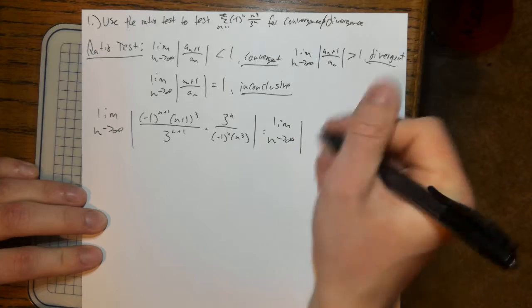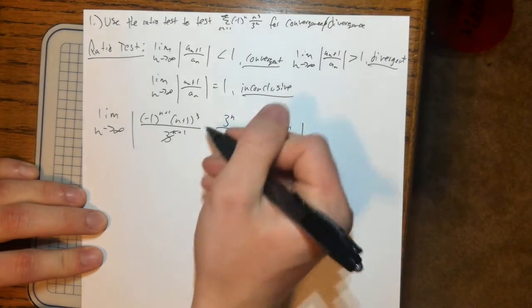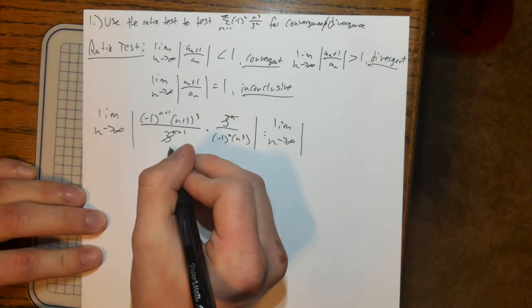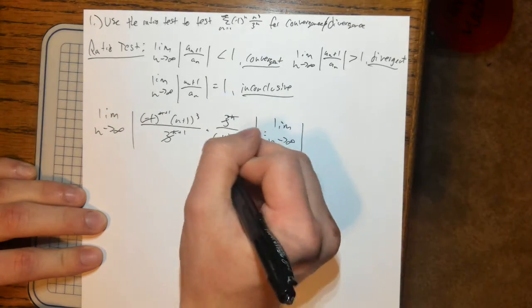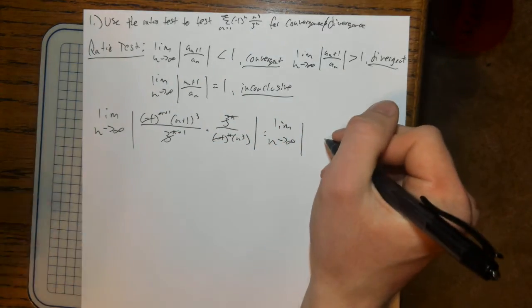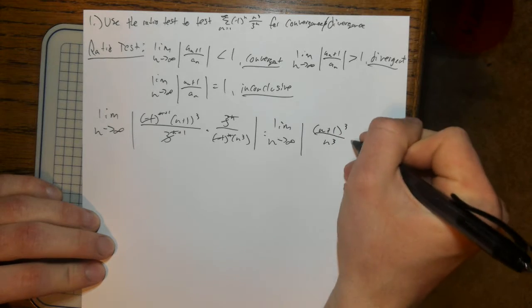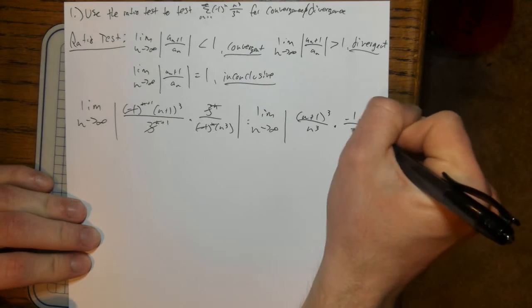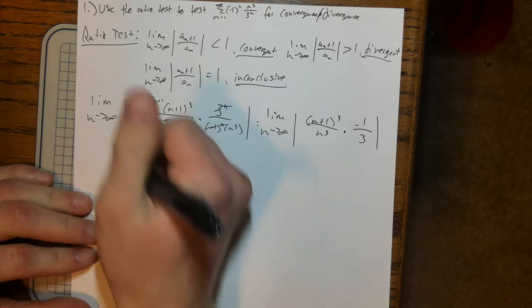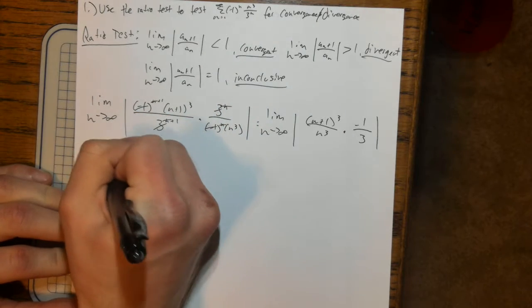The limit as n approaches infinity: 3 to the n will cancel with this to leave us with 1 over 3, and negative 1 to the n will cancel with this to leave us with 1 over negative 1. So we can pull out our negative 1/3.